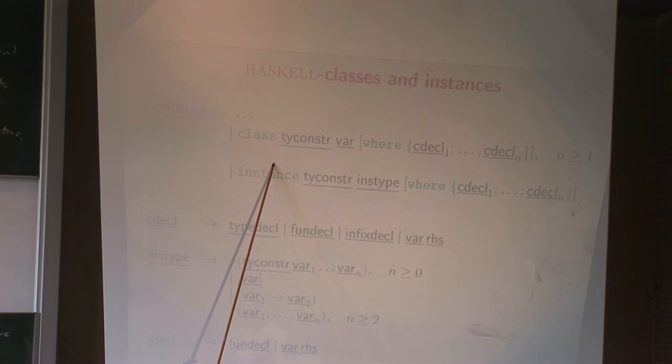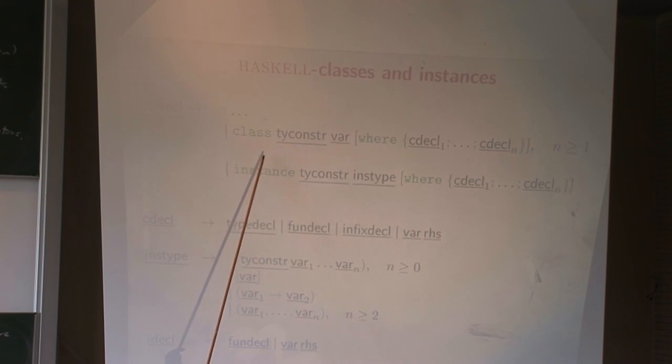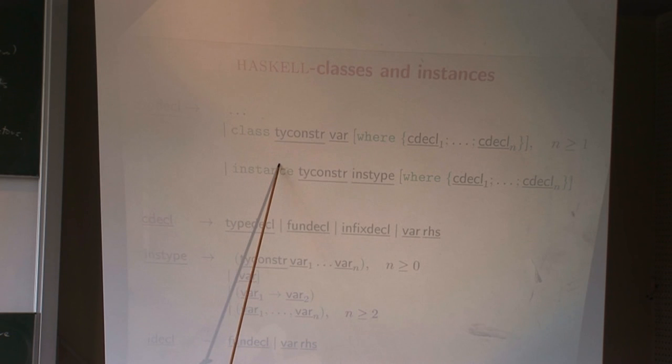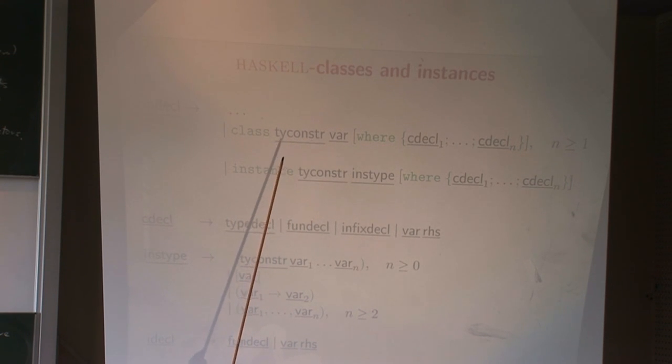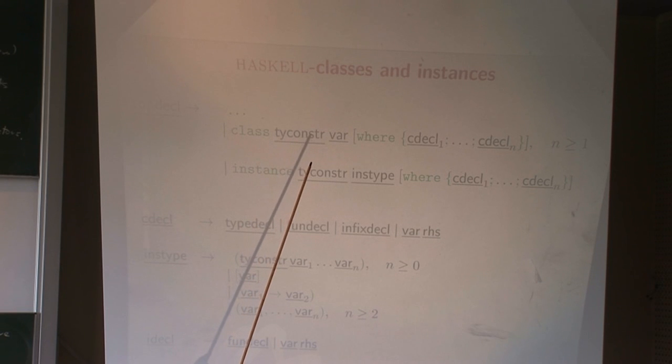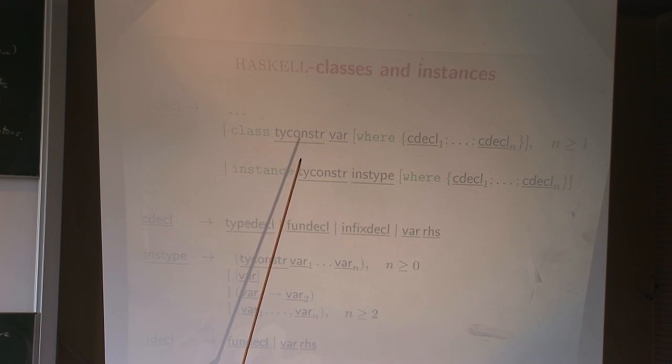So class introduces a new type class, and this is the name of the new type class. So it looks like a type constructor. It's again a string with a capital symbol, so that's a bit confusing. And this introduces a new type class. And what the meaning of this where is, we will see in a moment.